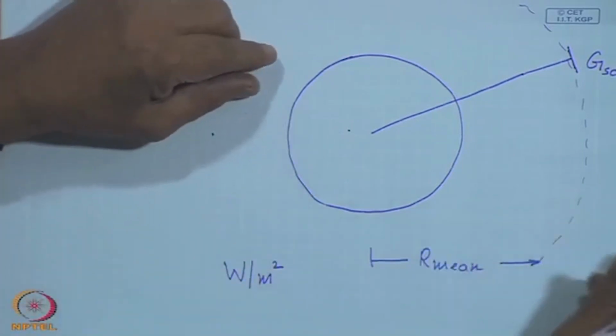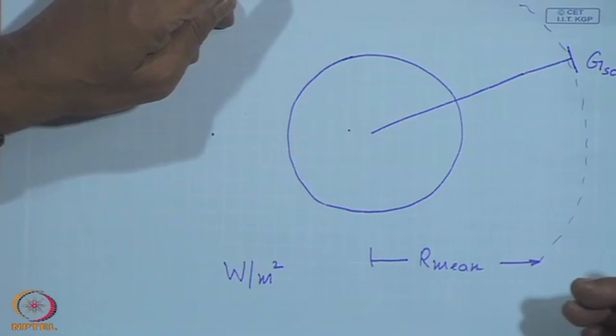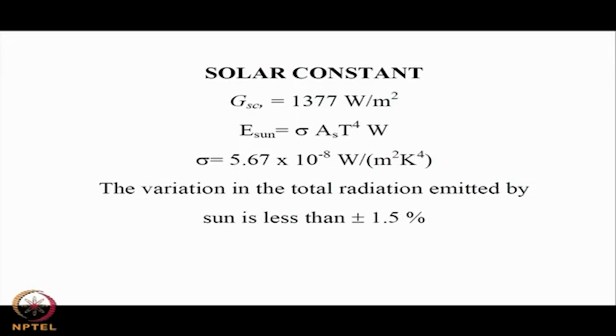So, if we multiply by the total surface area at that radius, that will be the total emitted solar radiation by the sun, and that is given by Stefan Boltzmann constant sigma times A S, the surface area of the sun, multiplied by T to the power 4, where T is an effective temperature of the sun.